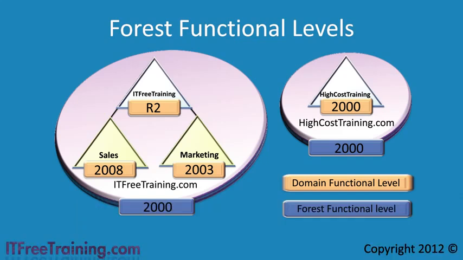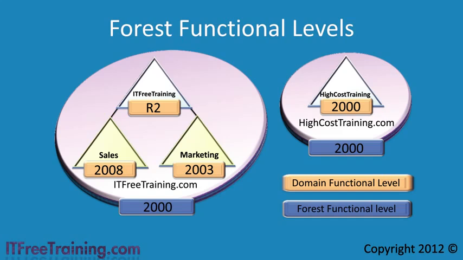There is also another forest called High Cost Training with one domain. They did not put the money into upgrading their technology, so they are still at domain functional level of Windows 2000. So now you have two forests. Both forests are currently at Windows Server 2000 forest functional level.